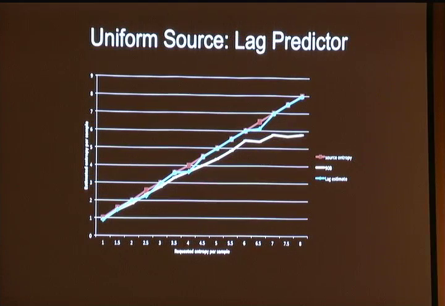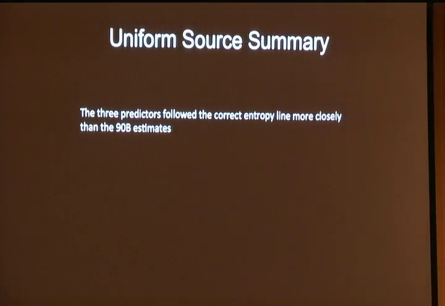And when we look at the lag predictor for the uniform distribution, it is closer to the actual entropy. So as a summary for the uniform source, we see that the three predictors followed the correct entropy line more accurately than the 90B estimates.